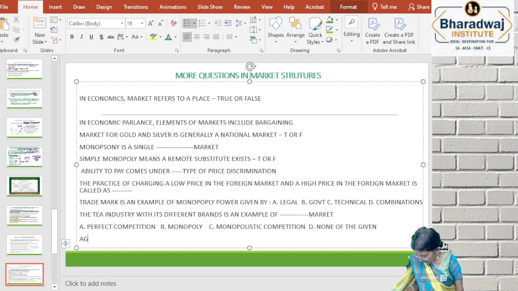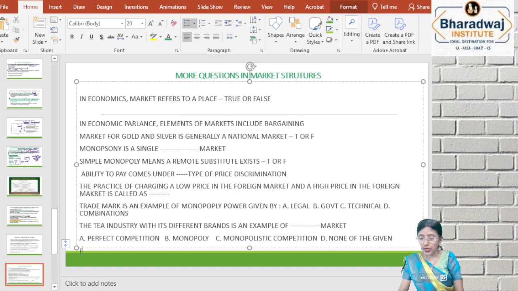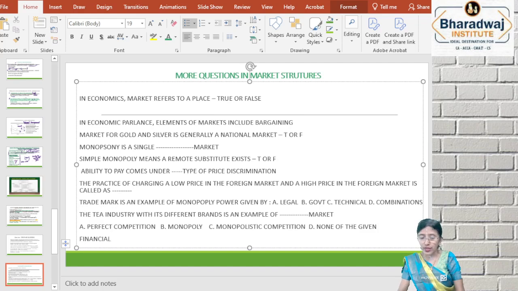This I have noted and marked for you. Financial instruments is an example of dash market.